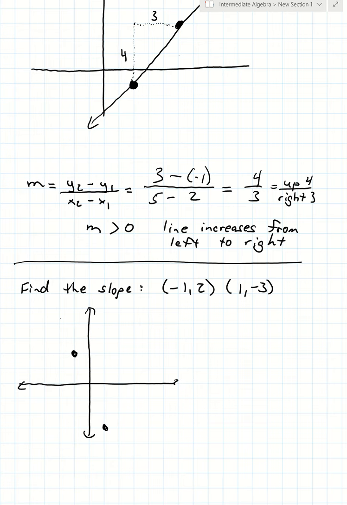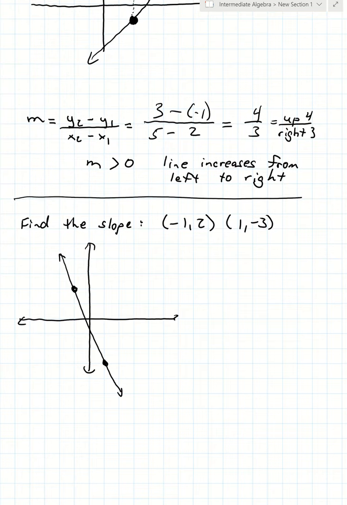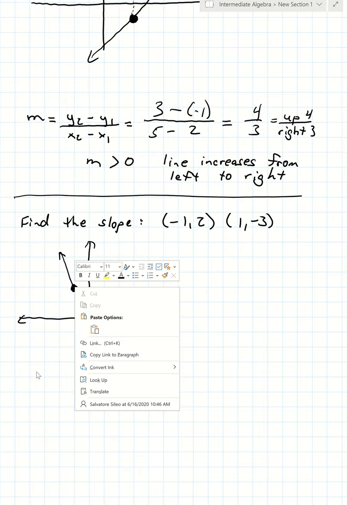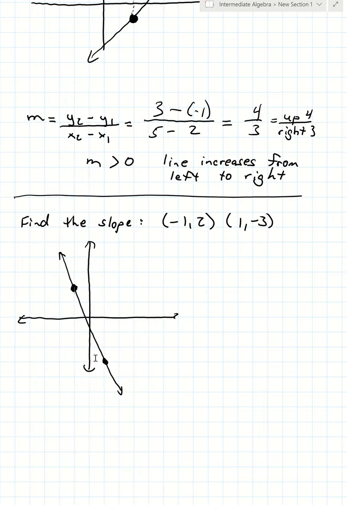When I go to connect my dots, I am trying to come up with the slope of this line. All right, I want to know what my movement is from the first point of (-1, 2). How can I get to the second point of (1, -3)? I need some type of directions.